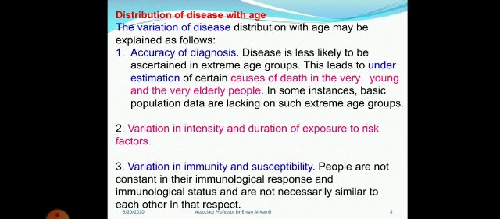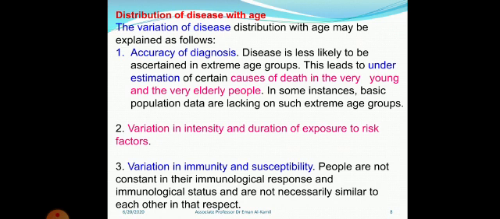The older age group have been exposed for a longer period of time, so there is accumulation of the risk factor, and the disease will appear later in life, because some diseases need high exposure or long-period exposure to a certain risk factor for the development of the disease. So there are some diseases which need a higher exposure dose, so they are diagnosed mostly in the elder group rather than in children.